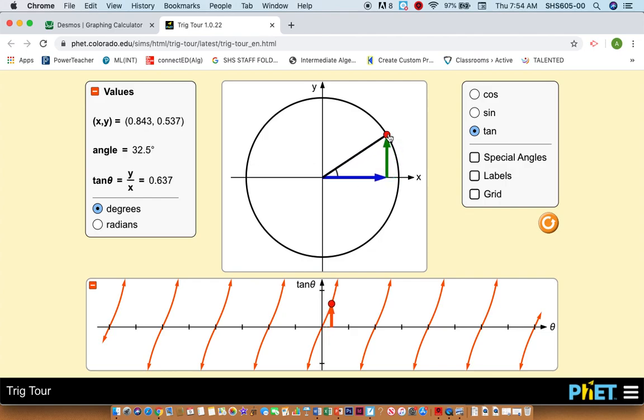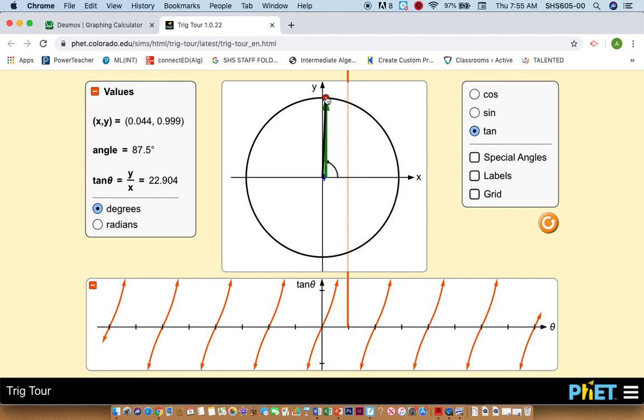And then, eventually, you'll get a y and an x to be the same, which would be at a 45-degree angle, right? Your y and x would be the same, and so tangent would be 1, sorry. But then here, your y starts to get bigger and bigger, and your x gets smaller and smaller. And since x is on bottom, the closer you get to this 90, the larger the value, and it's going to get very, very, very large.